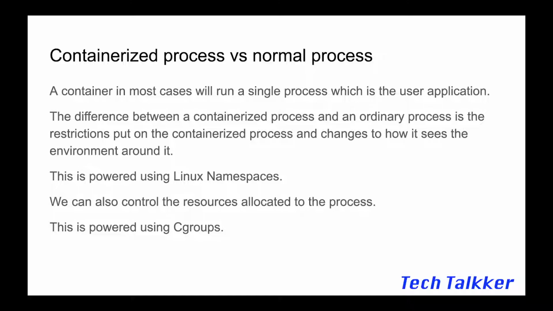The difference between a containerized process and an ordinary process is the restrictions put on the containerized process and changes to how it sees the environment around it. This is powered using Linux namespaces. We can also control the resources allocated to the process. This is powered using cgroups. So Linux namespaces and cgroups help in controlling how a process runs on a machine versus a normal process that runs directly on the machine.